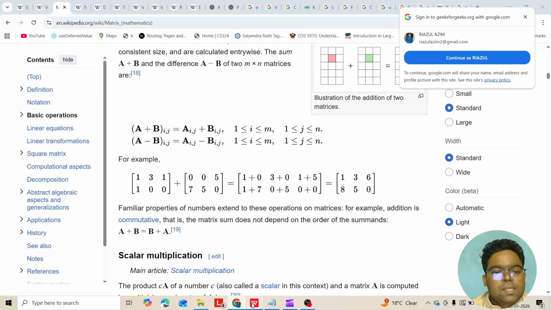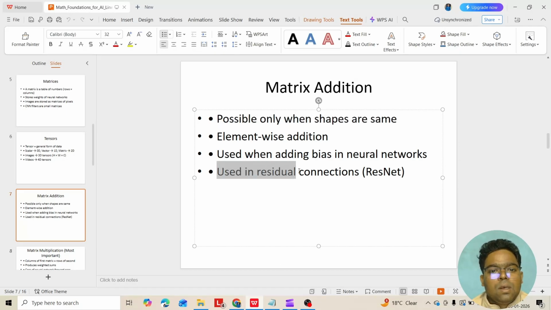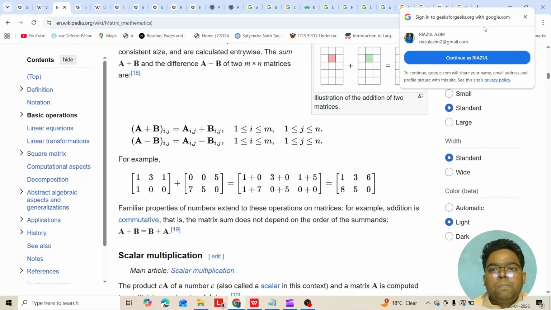I said before as well that it is used when using bias in the neural network and using residual connection. So let's see how it is done using residual connection.